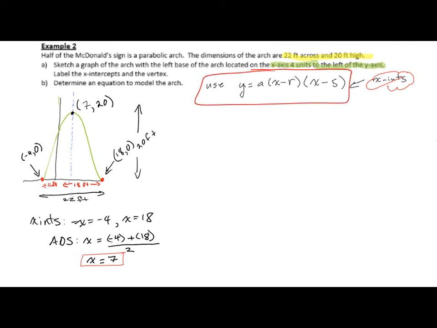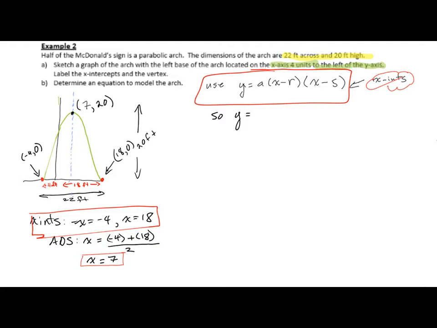Okay? Now, when we use this equation, we know that we already identified what our x-intercepts were. They were x is equal to -4 and x is equal to 18. So, we have this as our equation.